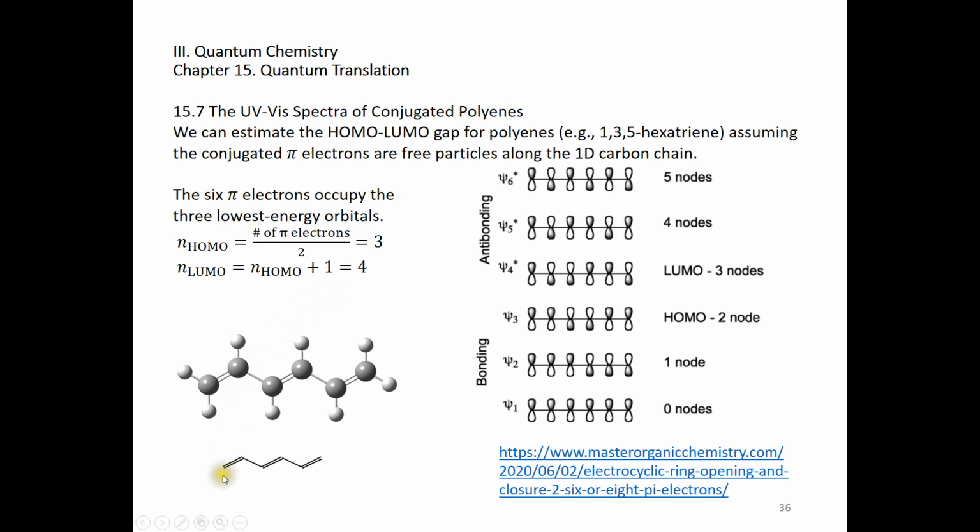If we assume this is just a one-dimensional particle, of course with a zigzag shape, but still it's considered a one-dimensional box, then in a one-dimensional box the particle may have quantum numbers 1, 2, 3, 4, 5, 6, etc. So for the particle in the box problem, the bottom MO corresponds to n equals 1.